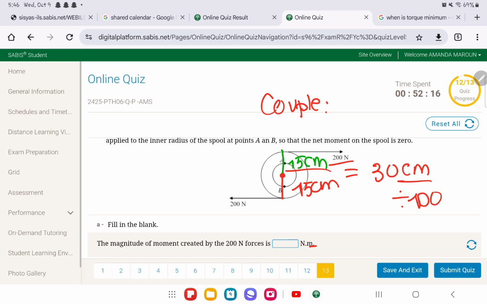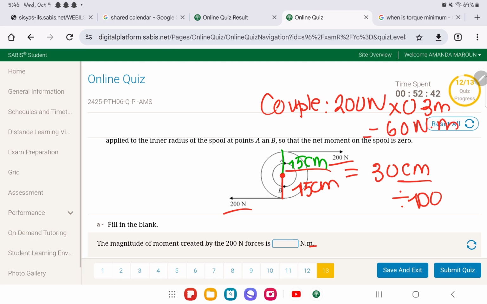So if we're going to apply the rule for a couple of forces, it is the force. Any force. You take this one, for example, or this one. Just choose one value. It will be 200 newtons. Anyways, they are the same. 200 newtons multiplied by the distance, which was 0.3 meters. So if we do it on the calculator, 200 times 0.3, we are going to get 60 newton per meter. But is it positive or negative?